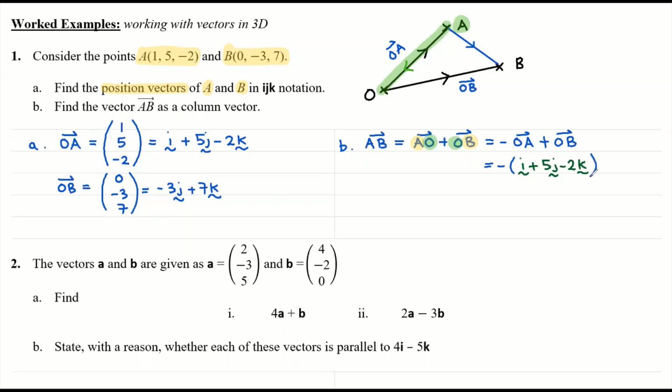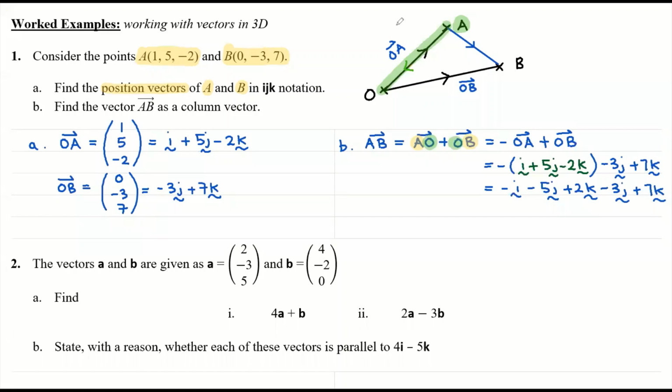Plus OB, so that's going to be subtract 3j plus 7k. All right. Now, if I just change the signs of all this, so this is going to be negative i, subtract 5j, plus 2k, subtract 3j, plus 7k. Just collect your i's, j's, and k's together now.